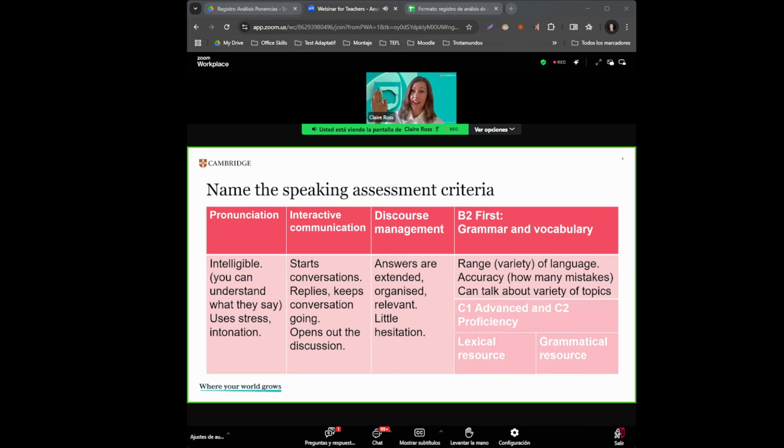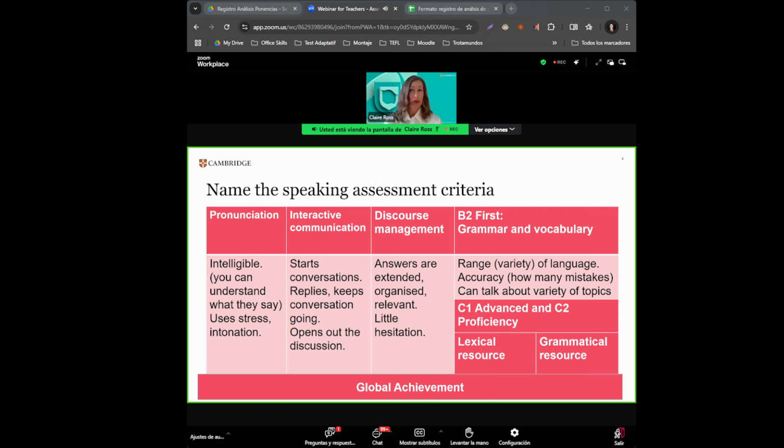But for the higher level exams, they're actually split. So C1 Advanced and C2 Proficiency, they're separated into lexical resource, the vocabulary side, and grammatical resource as well. And there's one last criteria, which broadly covers a little bit of everything, and that is global achievement.